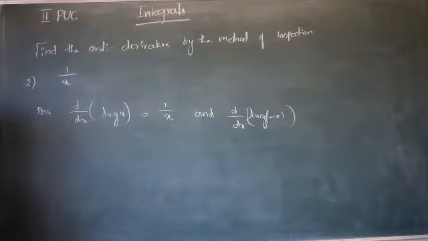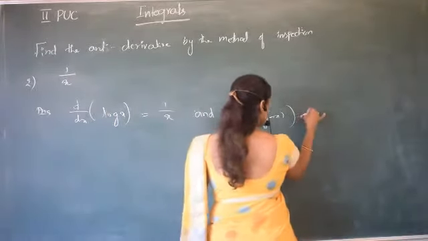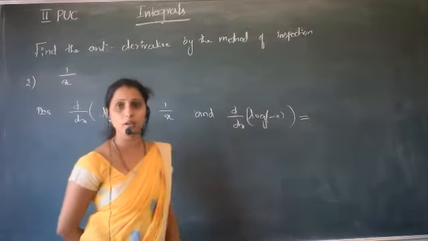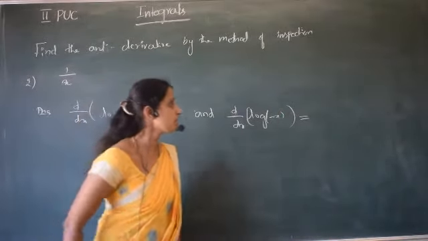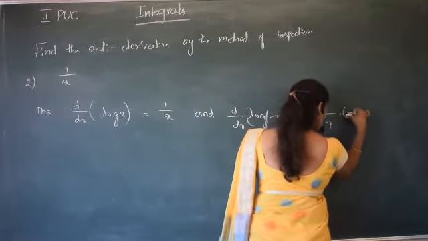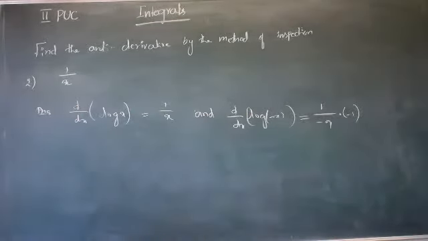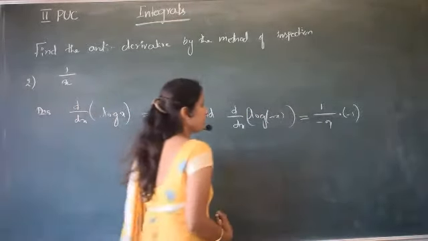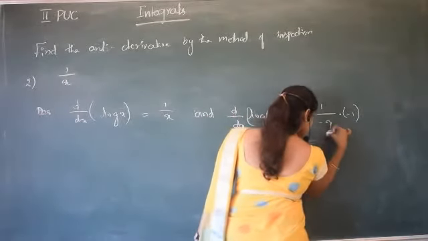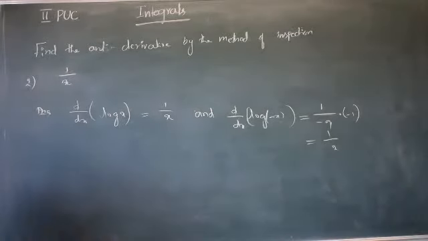Now the derivative of log of minus x: we know that the derivative of log x is 1 by x, so log of minus x gives 1 by minus x into the derivative of minus x, which is minus 1. Minus and minus cancel, and here also we get 1 by x. So the derivative of log x is 1 by x, and the derivative of log of minus x is also 1 by x.